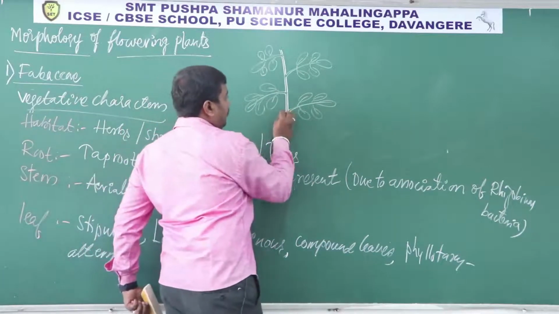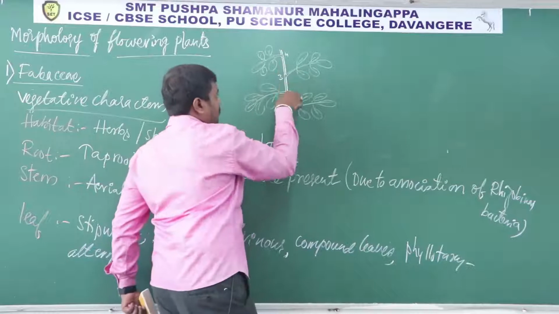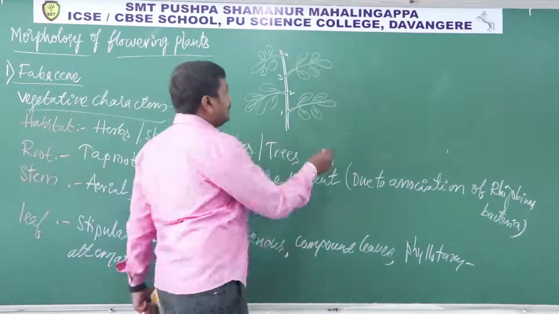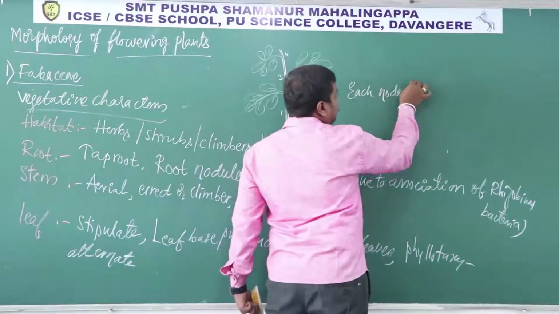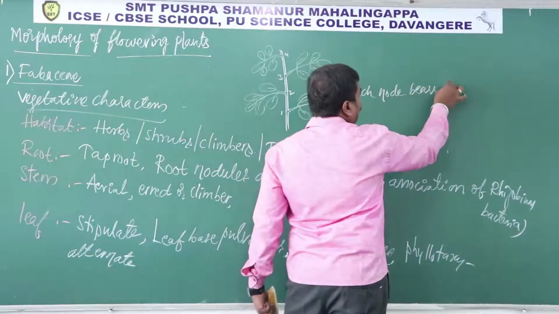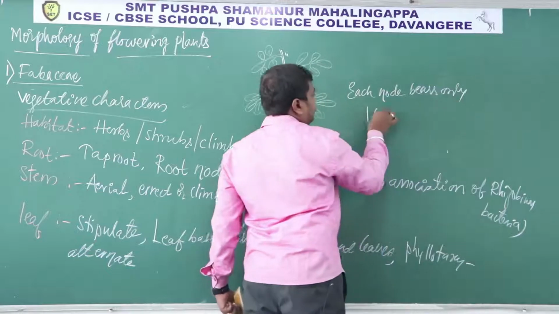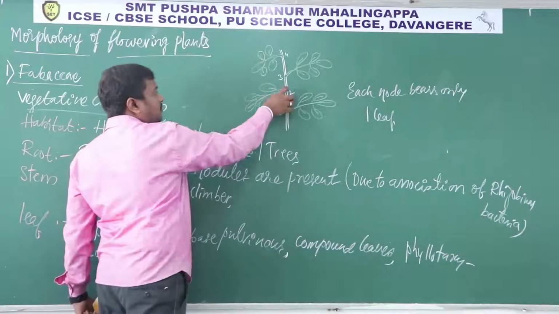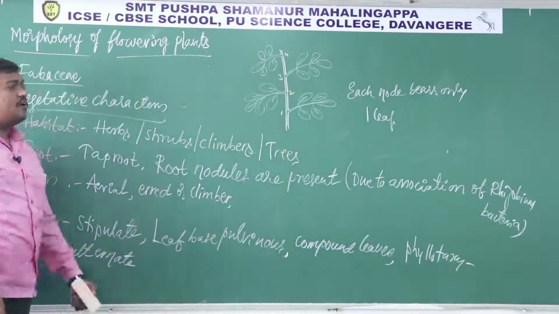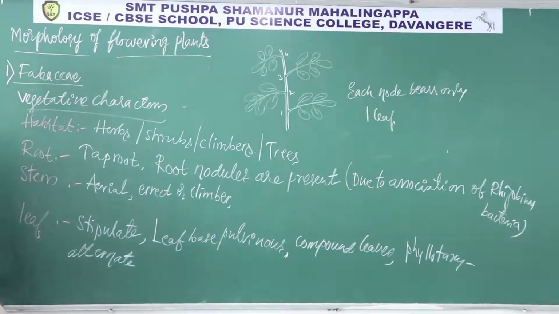So 1, 2, 3, 4. So here 4 nodes were there. Each node bears only one leaf. 4 nodes ಅಲ್ಲಿ 4 leaves ಇದೆ. So this is called alternate phyllotaxy. Okay.